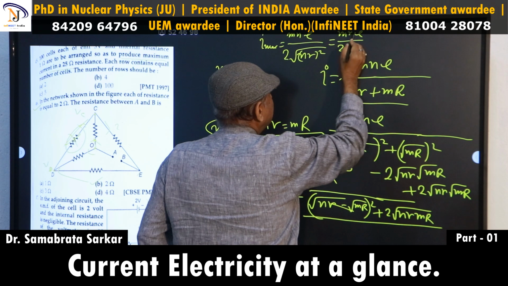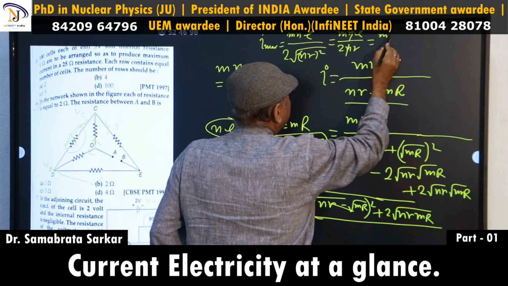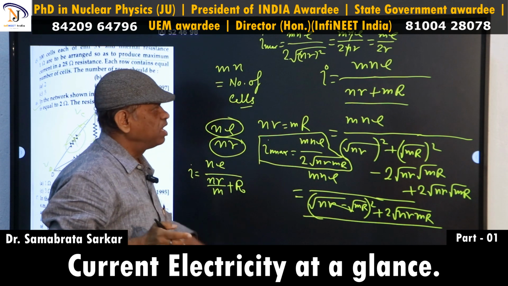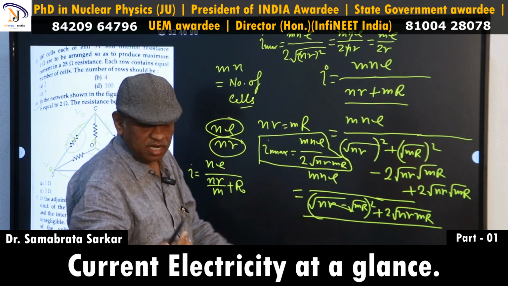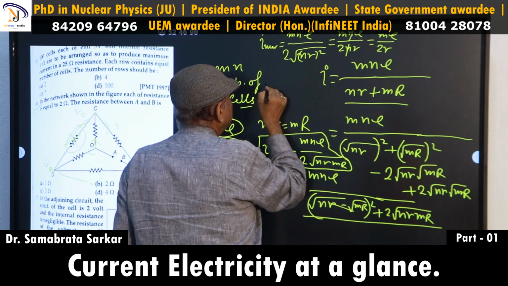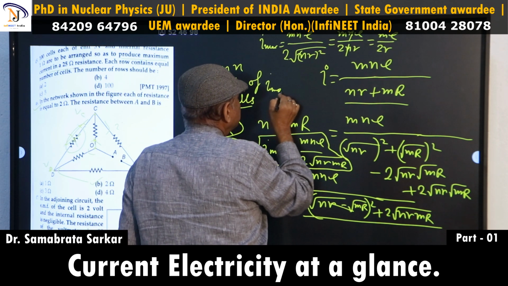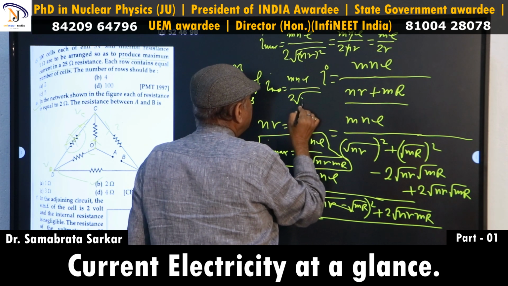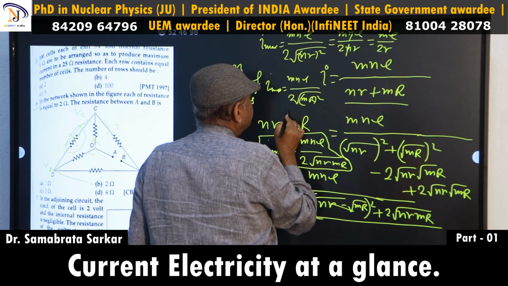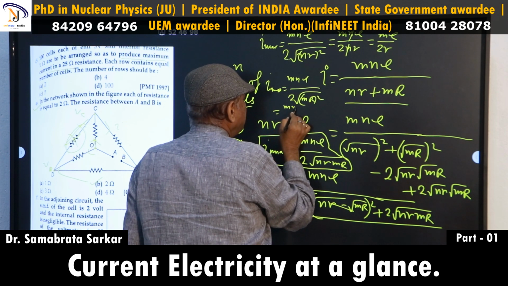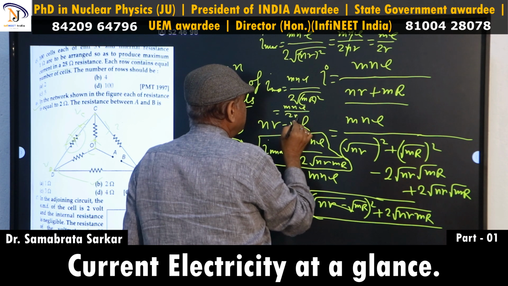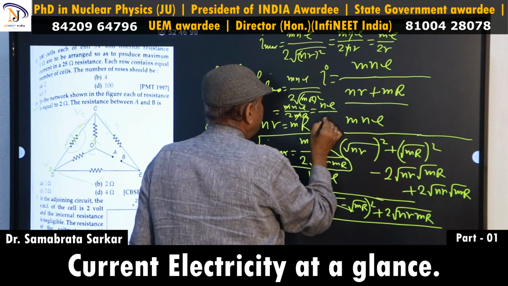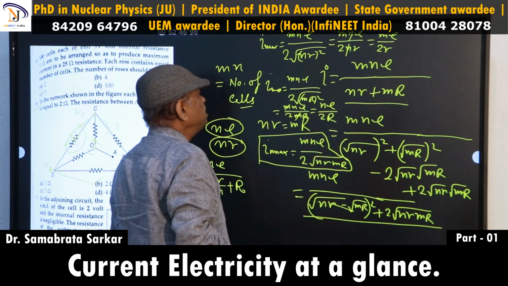N will cancel out and it will remain ME by twice R. This is one relation. And the other, I max equals MNE divided by twice MR whole squared, so MNE by twice MR. Cancel out, and what you get is NE by twice R.